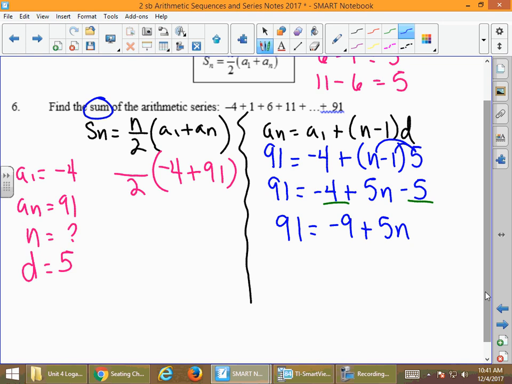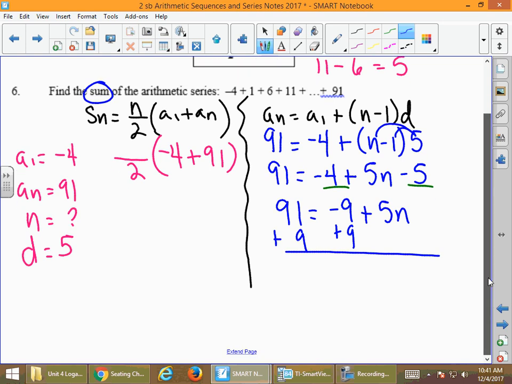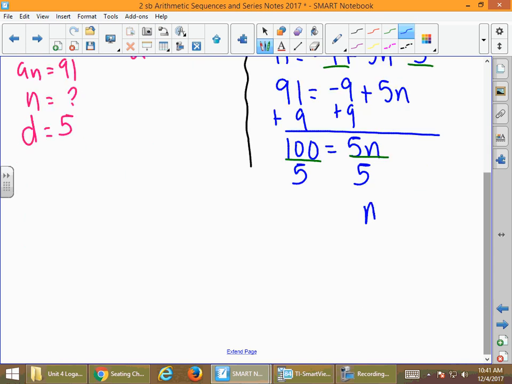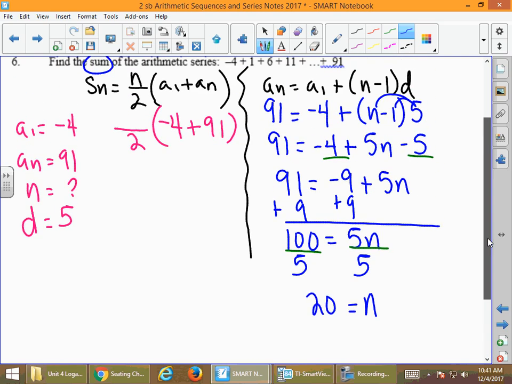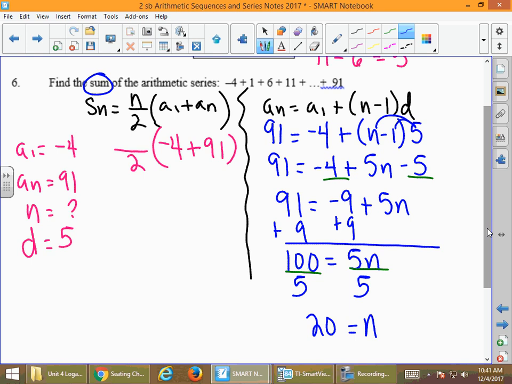Move the negative 9 over to the left. So we'll add 9. And we get 100 equals 5n. And divide both sides by 5. I don't know why I changed colors there, but divide both sides by 5. And n equals 20. Well, now that we know that value, we're going to put the 20 in here so that we can find our sum.